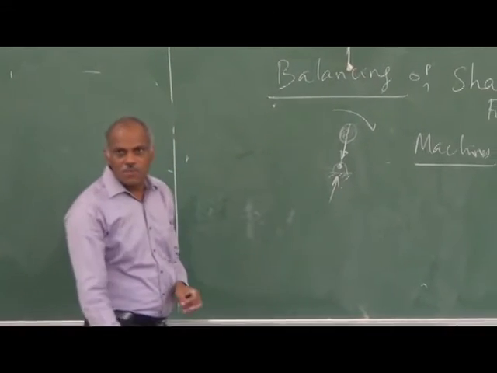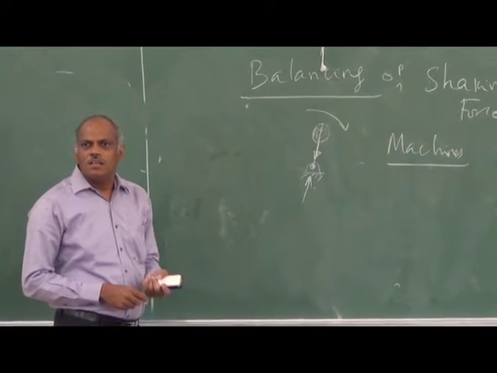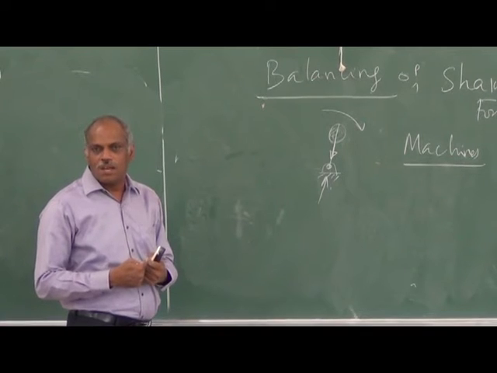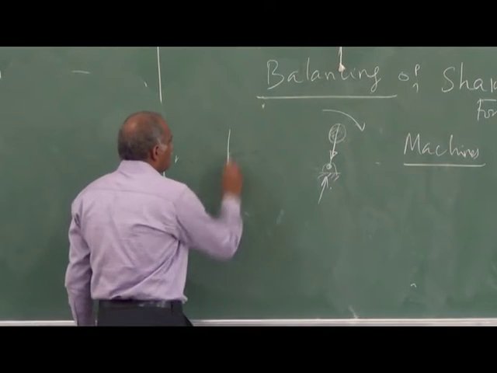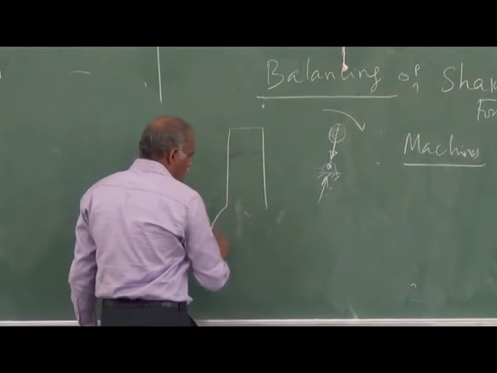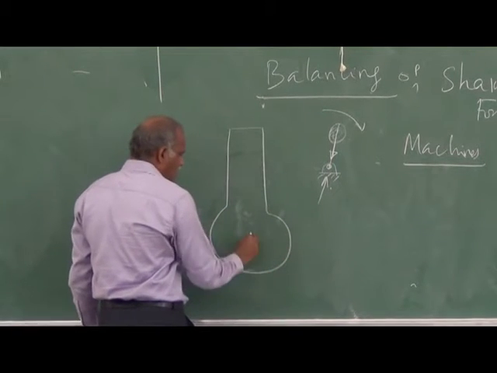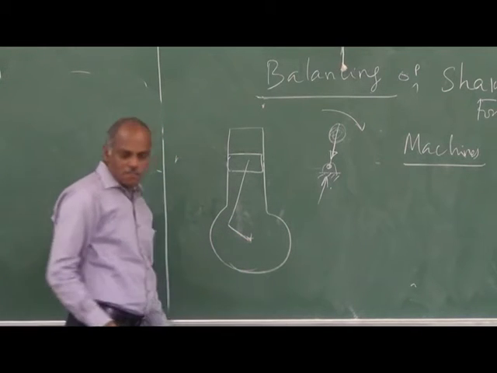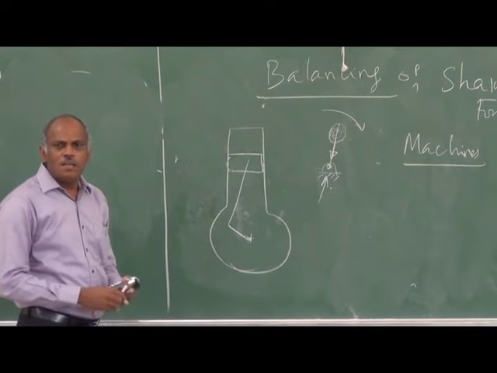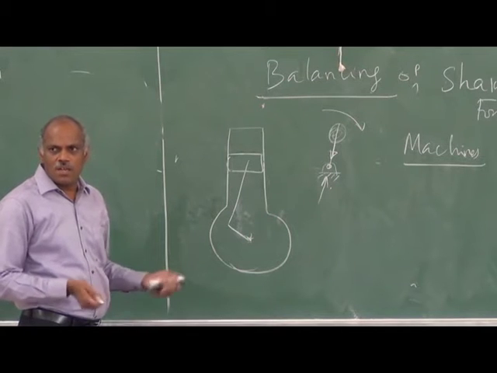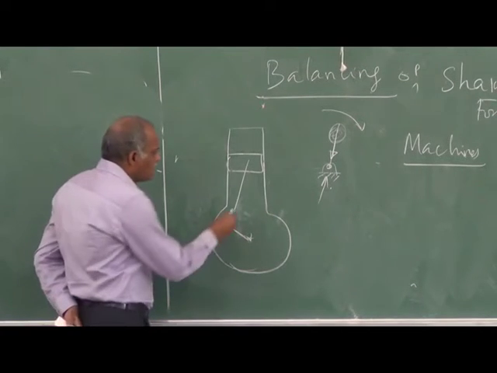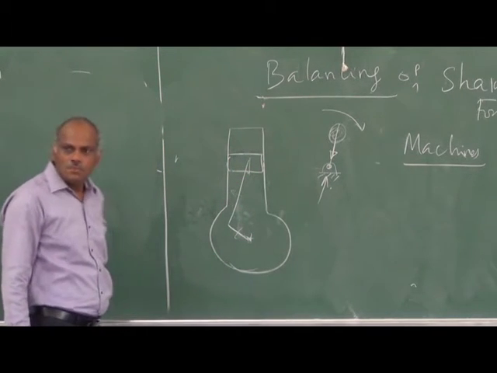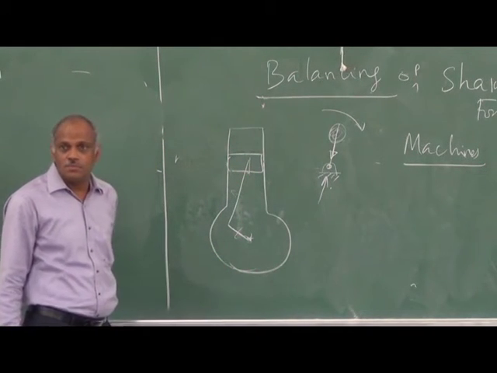Now when you think of machines, not only are inertial forces acting, there are other types of forces. For example, if you think of the internal combustion engine, you have a piston, cylinder and so on. When the engine is running, inertial forces will come in these links and will be transferred to the foundation.